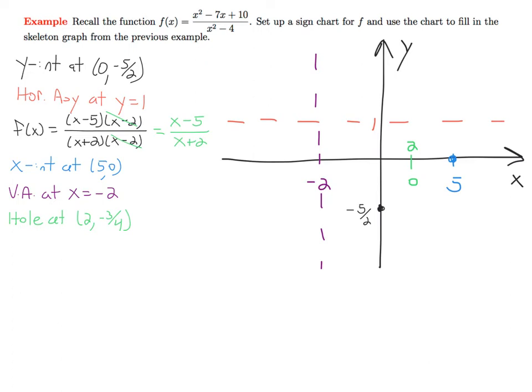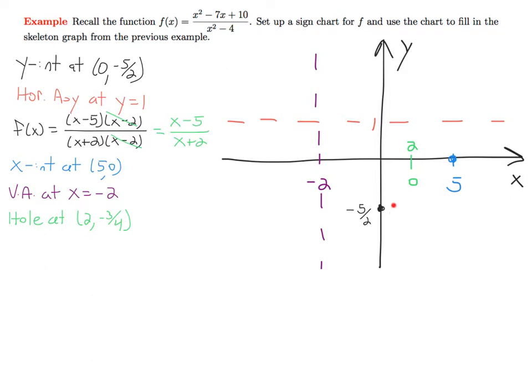Okay, so now we're going to continue on from the example in the previous video. Namely, we had this function f of x, and we walked through in the previous video how we identified some of the key properties that we need for the skeleton graph, which is shown here.